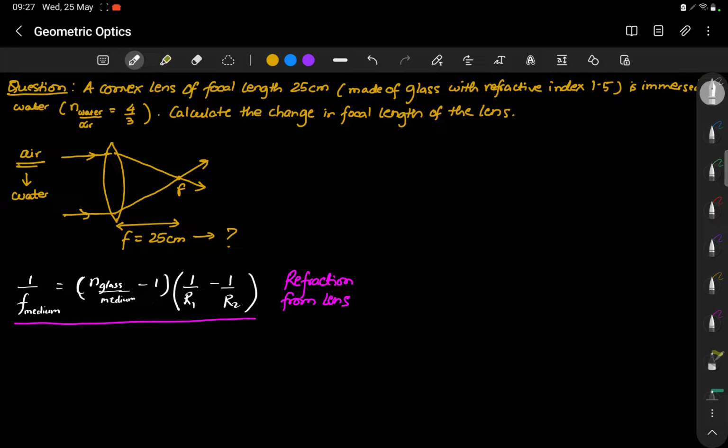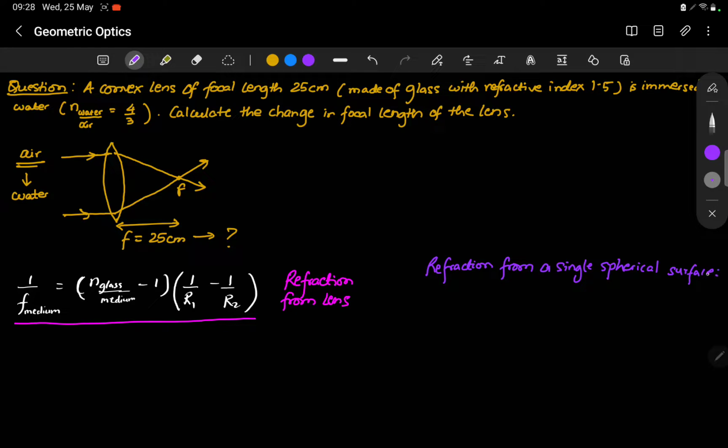This formula essentially comes from the formula for refraction from a single spherical surface, which we saw in the previous videos. We saw this previously as well. So this was the formula that we saw.